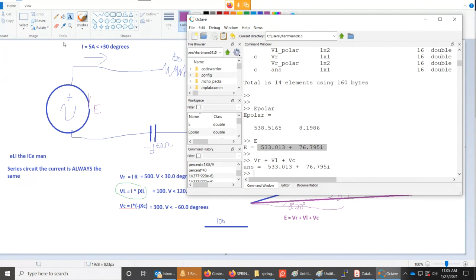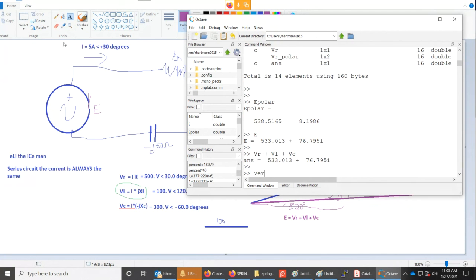All right. So basically what we've done today is we've verified Kirchhoff's voltage law for a series AC circuit.